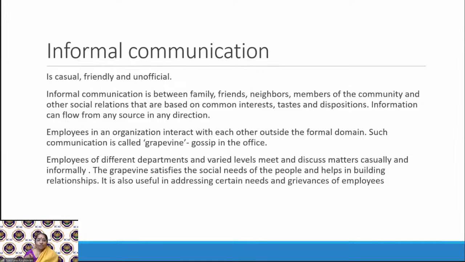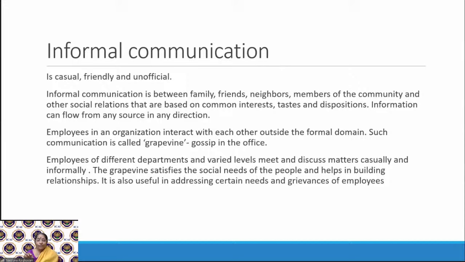Such communication is called grapevine communication, which is gossip in the office. Employees of different departments and varied levels meet and discuss matters casually and informally. The grapevine satisfies the social needs of the people and helps in building relationships. It is also useful in addressing certain needs and grievances of employees, right?